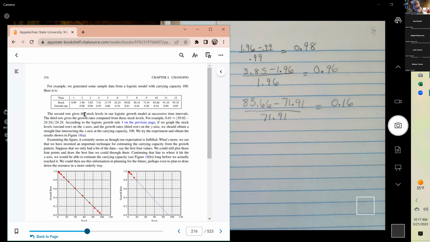So you can see at first it's not changing by too much, and then all of a sudden it starts changing by more, 61 to 44 to 28. This only changed by 0.02.